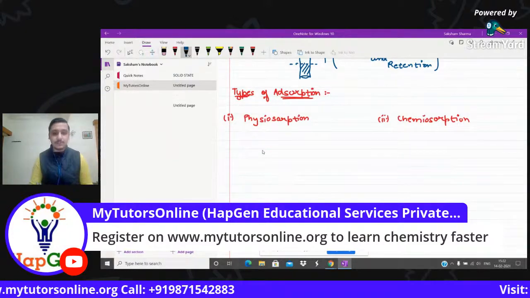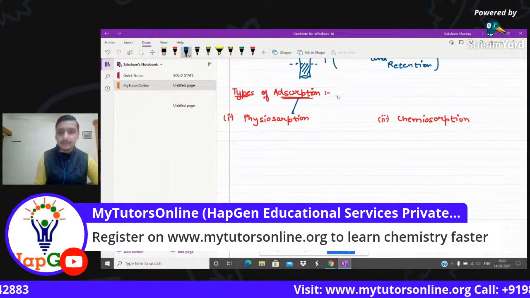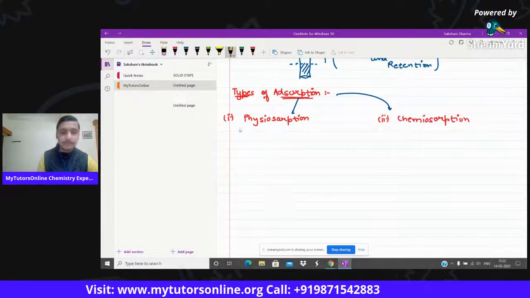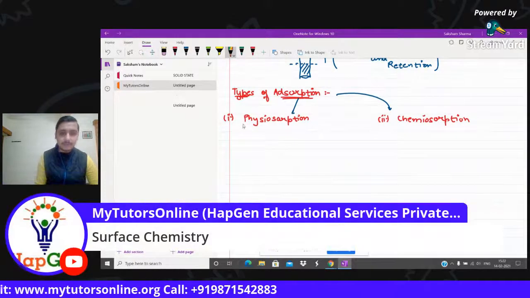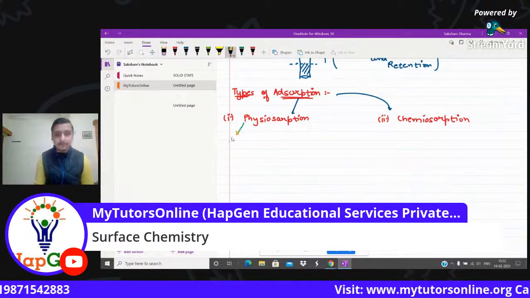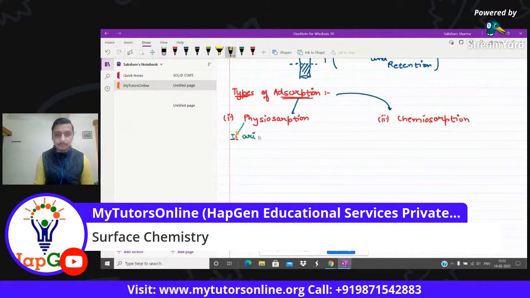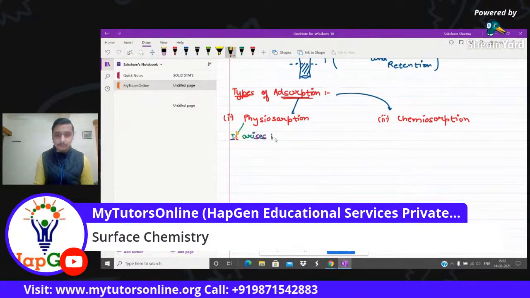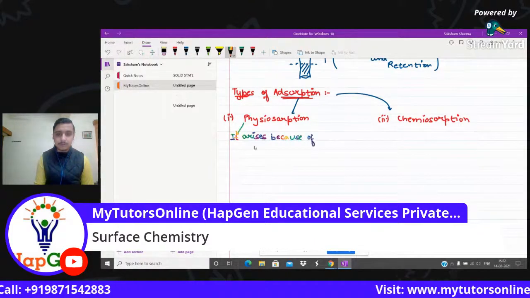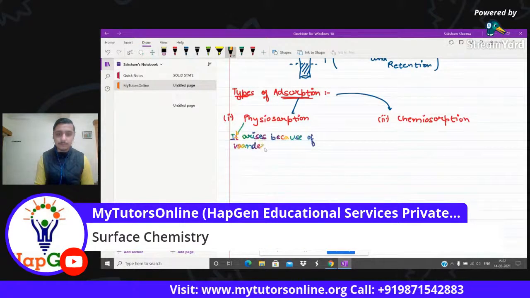Now, we have two types of adsorption, physisorption and chemisorption. For physisorption, what happens basically, I'll try to write over here. My first point is it arises because of van der Waals forces.